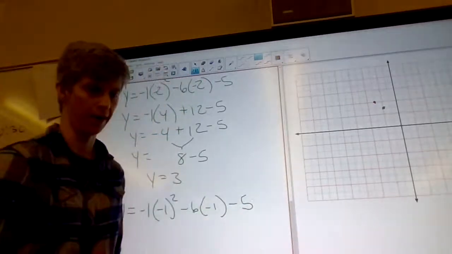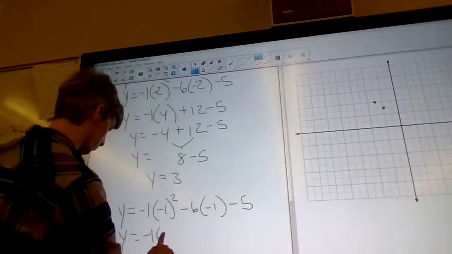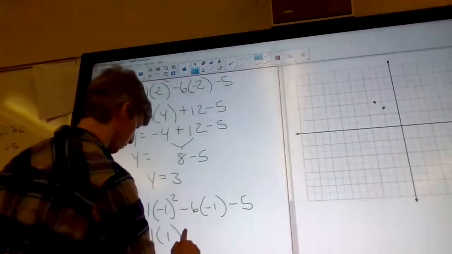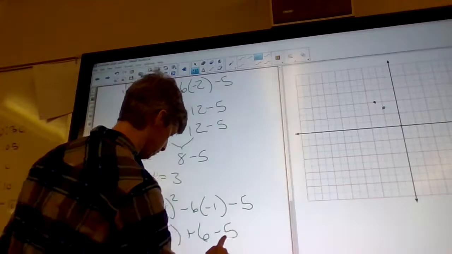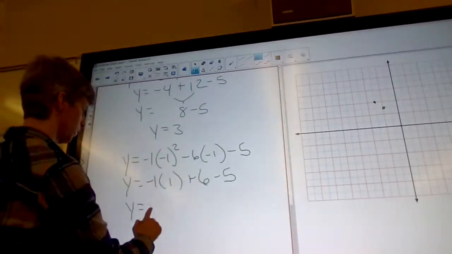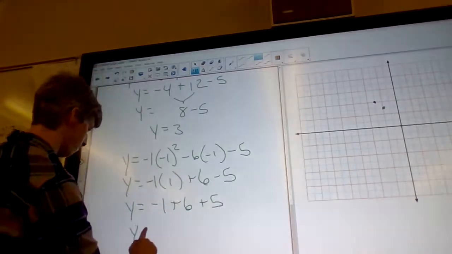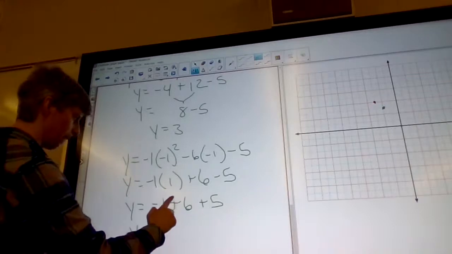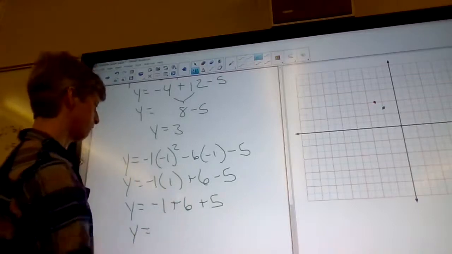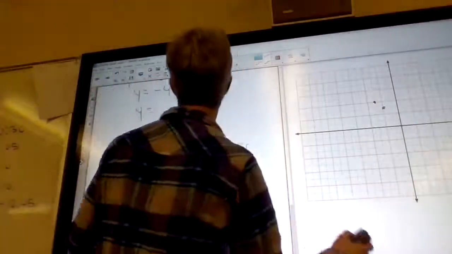This is a lot of math. Order of operations, exponents. Negative 1 squared is 1. Negative 6 times negative 1 is a positive 6. Should get into a pattern. Negative 1 times 1 is negative 1. Negative 1 plus 6 is 5. Oh, this should be a minus 5. I copied the problem wrong.